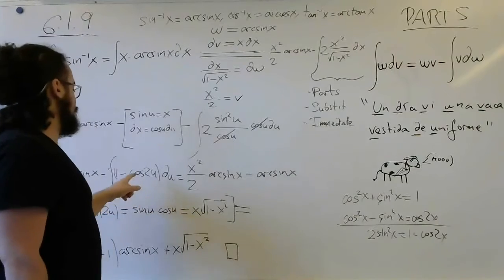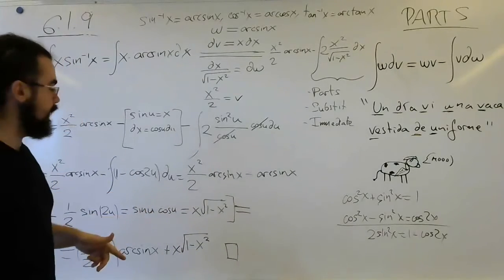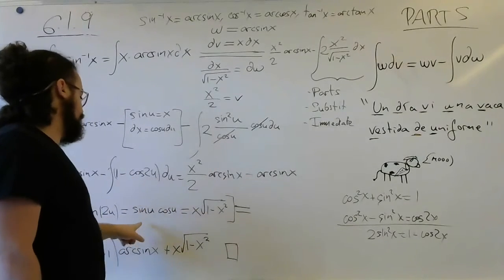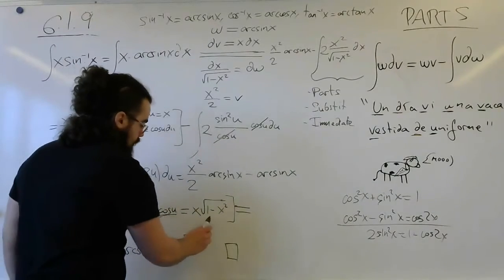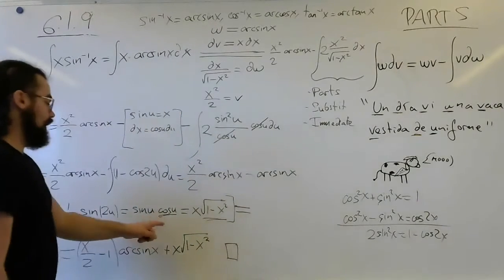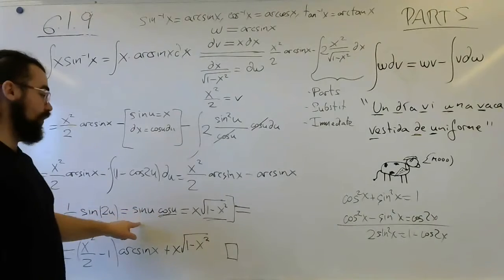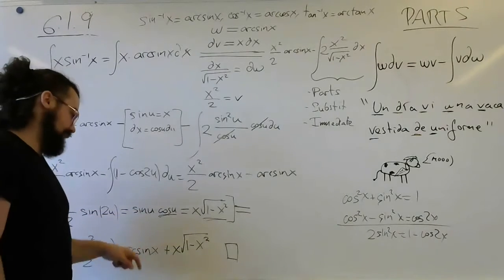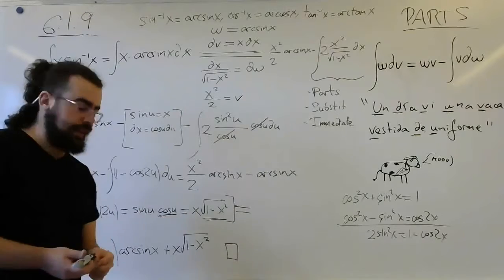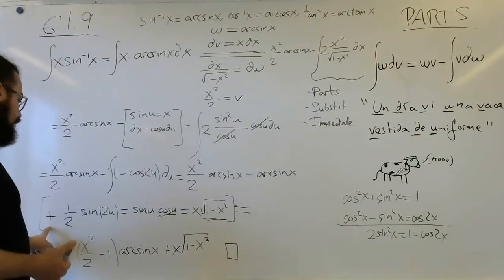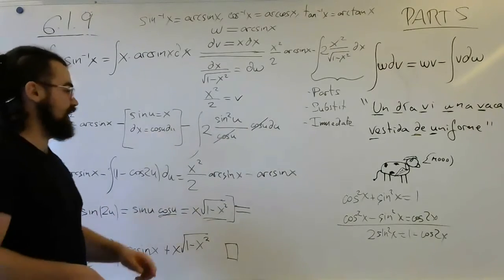And finally, you have to undo the change of variable, but you have to do it well. And when you do it, you have to realize how you get the cosine where you know what the sine is. And finally, you have to write everything together and be very careful with plus and minus signs.